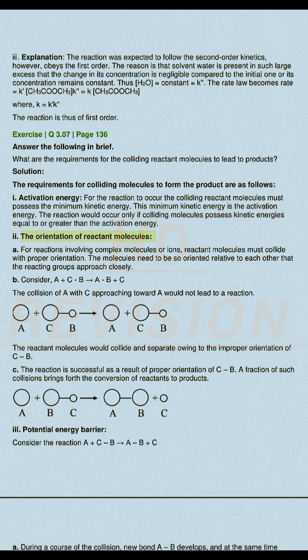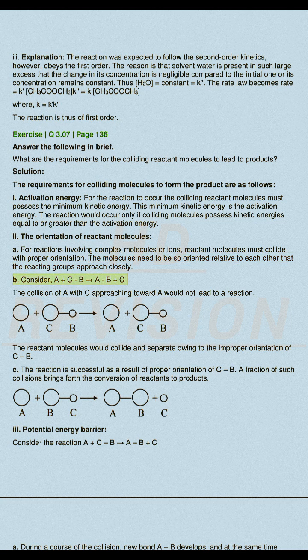II. The orientation of reactant molecules. A. For reactions involving complex molecules or ions, reactant molecules must collide with proper orientation. The molecules need to be so oriented relative to each other that the reacting groups approach closely.